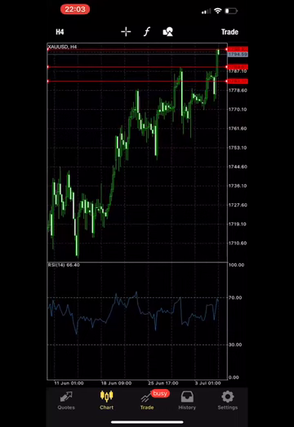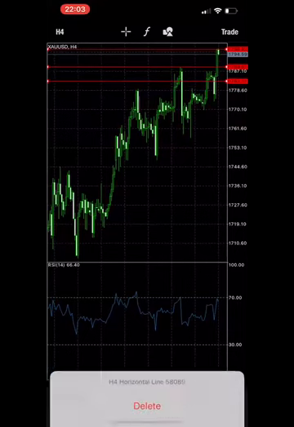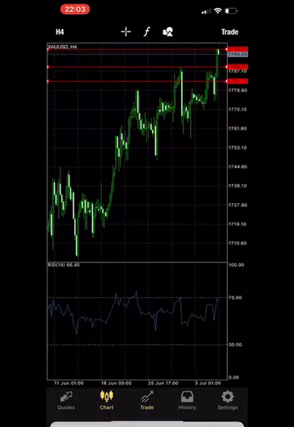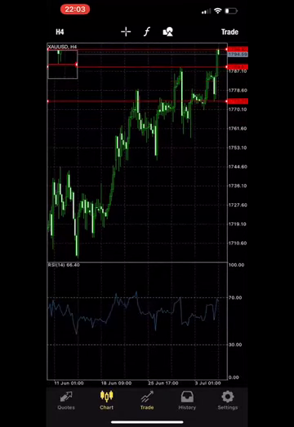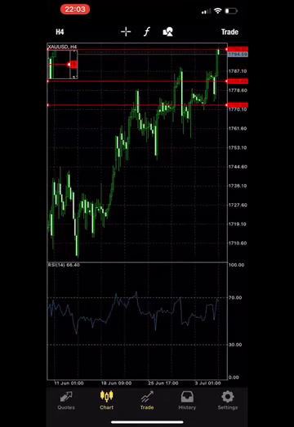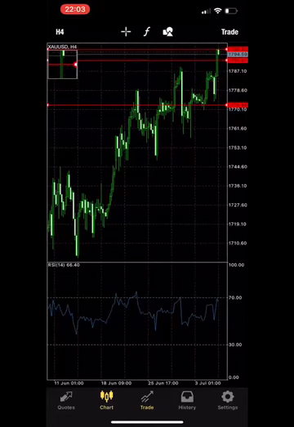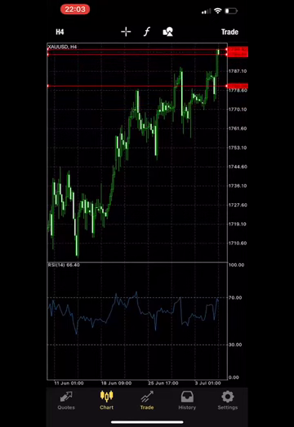right? So let me delete this. So my stop loss was here. I entered the trade here. Now my trade is in profit and it's gone here, right? So I move my stop loss to where I entered the trade to there.